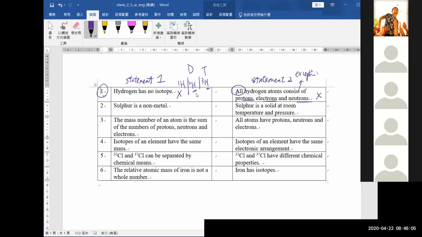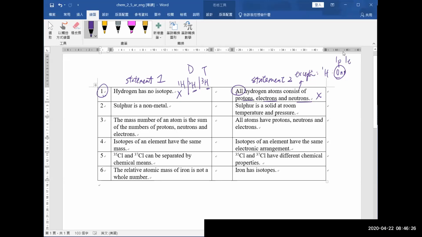The exception is hydrogen 1, in which we have no neutron, sorry, no neutron. So remember, we have just one proton, one electron, but no neutrons.